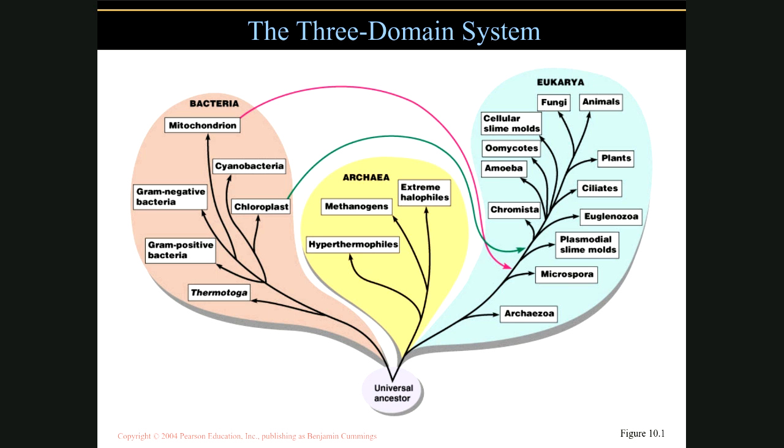And so not only are we close to that branch, but wherever you have a branch point, like we see here, that branch point represents a common ancestor. And so that ancestor diverged to create, right, the other branches. So here we share a common ancestor with the fungi. Now, of course, we're not really closely related to fungi, but at the cellular and molecular level, we are.